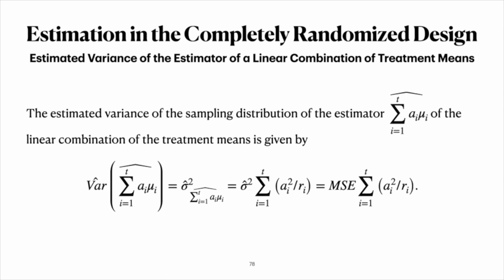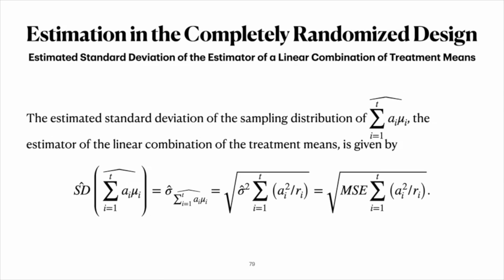You can see here that this estimated variance involves the contrast coefficients in terms of their squared values and also the sample sizes for each of the samples. Then we take the square root of that, and that gives us the estimated standard error for that point estimate of the linear combination.